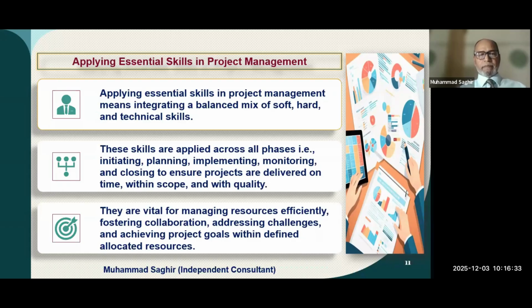They are vital for managing resources efficiently, fostering collaboration, addressing challenges, and that helps you to address challenges and make decisions, and achieving project goals within defined allocated resources. You apply all these essential skills in order to achieve goals.